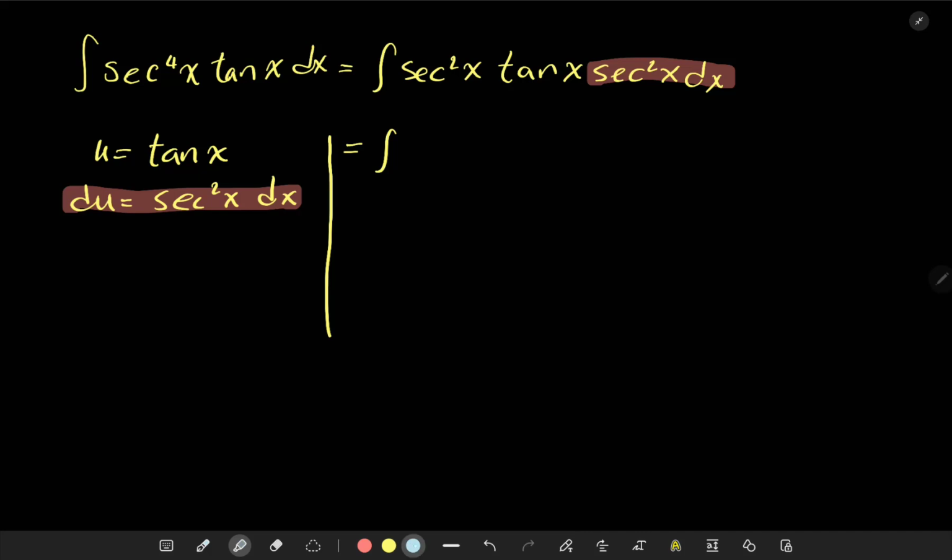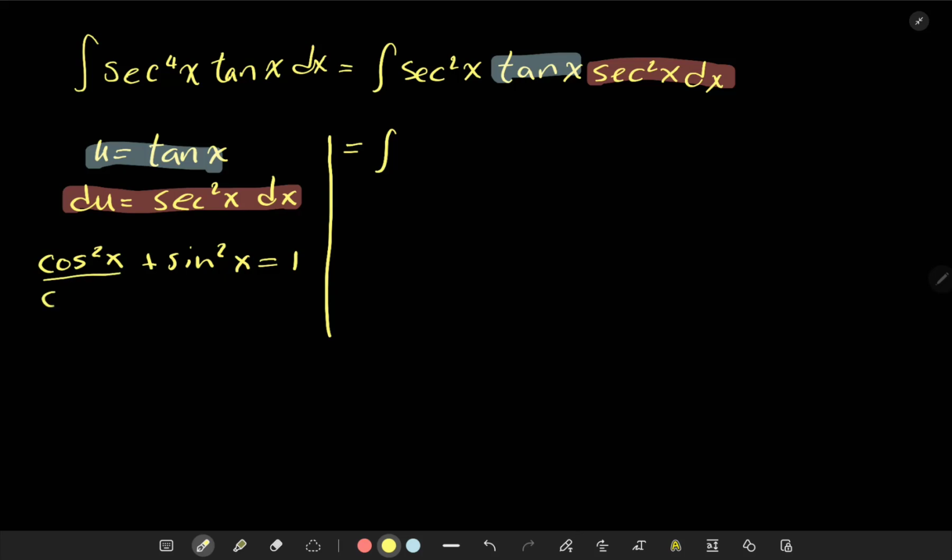The tangent, you see, is going to be substituted by u. But that secant there, you have to remember one thing. That is the fact that cosine squared of x plus sine squared of x equals 1.